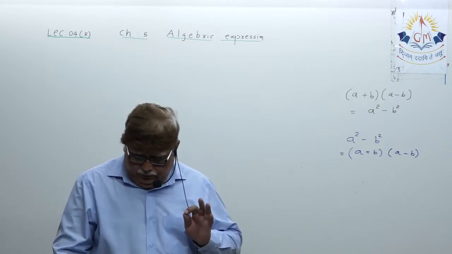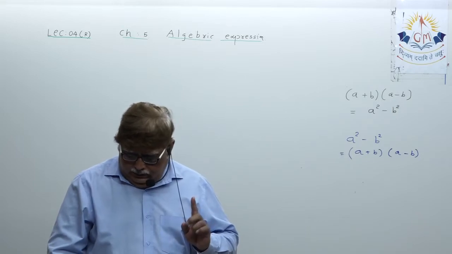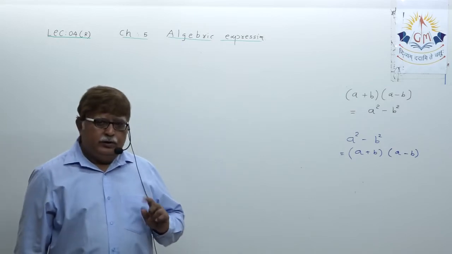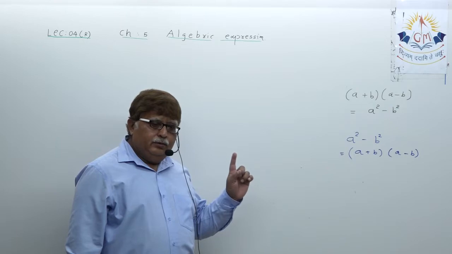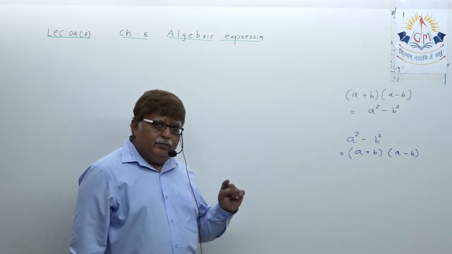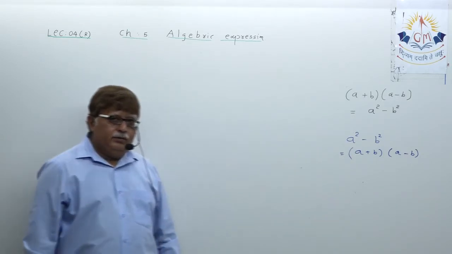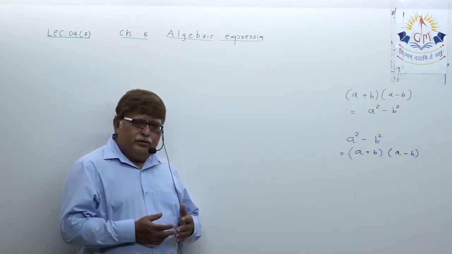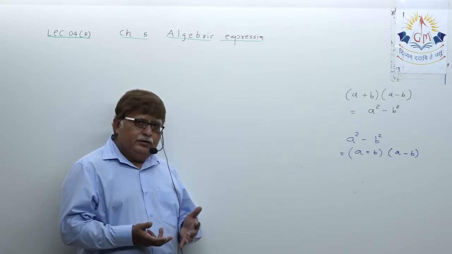Again, dear students, I want to mention one more thing. I will never take quite simple examples in revision of this particular identity, because some simple examples you can understand quite easily.